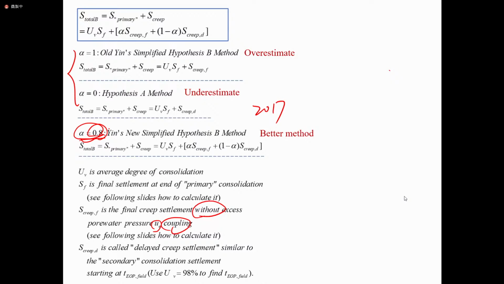This value we obtained from a lot of experimental tests. We found that alpha equal to 0.8 is the most suitable value to get a reasonable result. So here we combine both of them, the older one and the hypothesis A method.